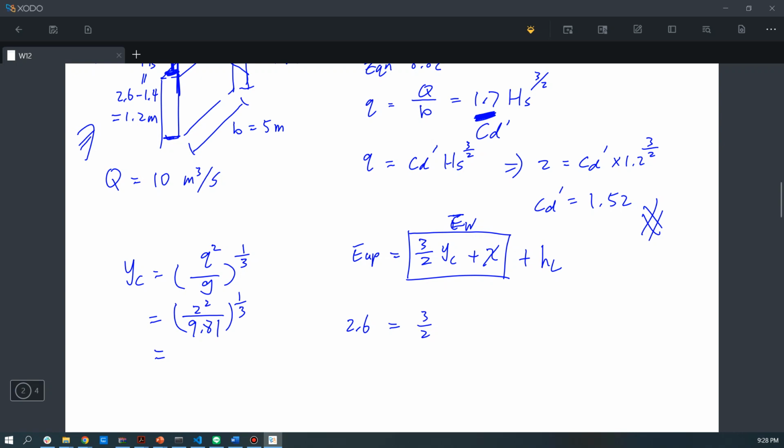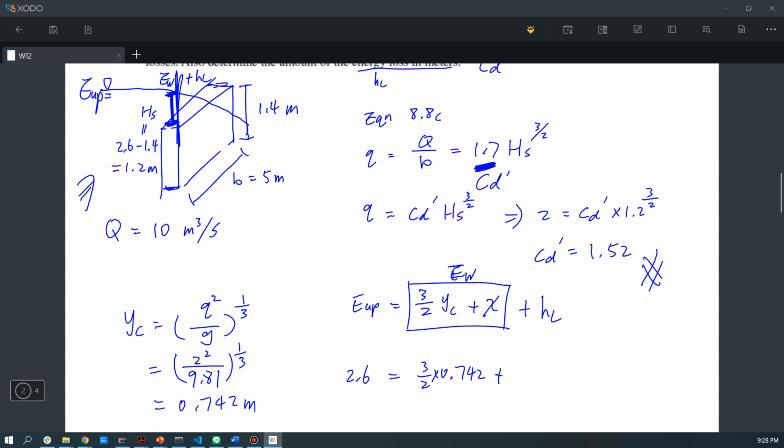So the critical depth is equal to 0.742 meter. Then we can plug the numbers back into this equation: 3/2 times 0.742 plus the height of the weir, which is 1.4, plus the energy loss that we want to calculate.